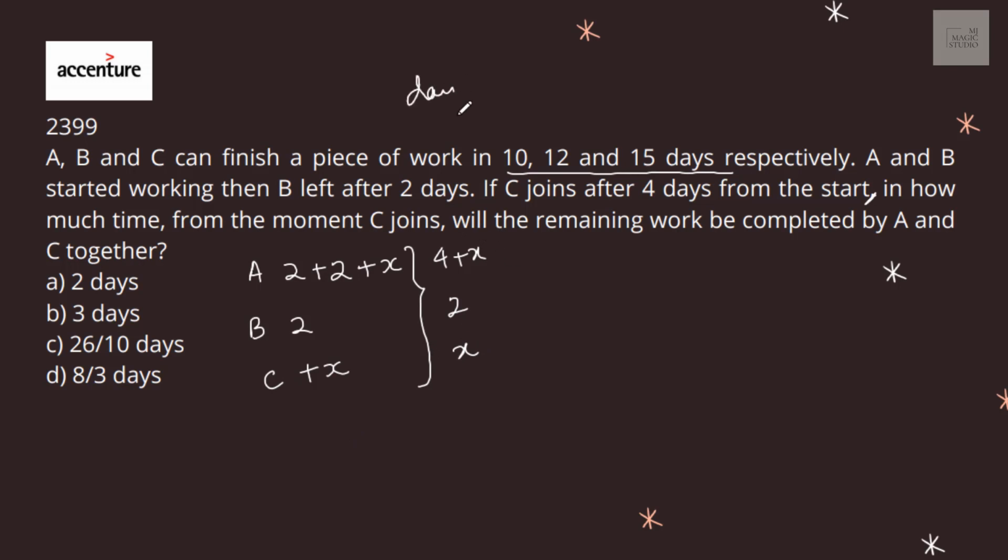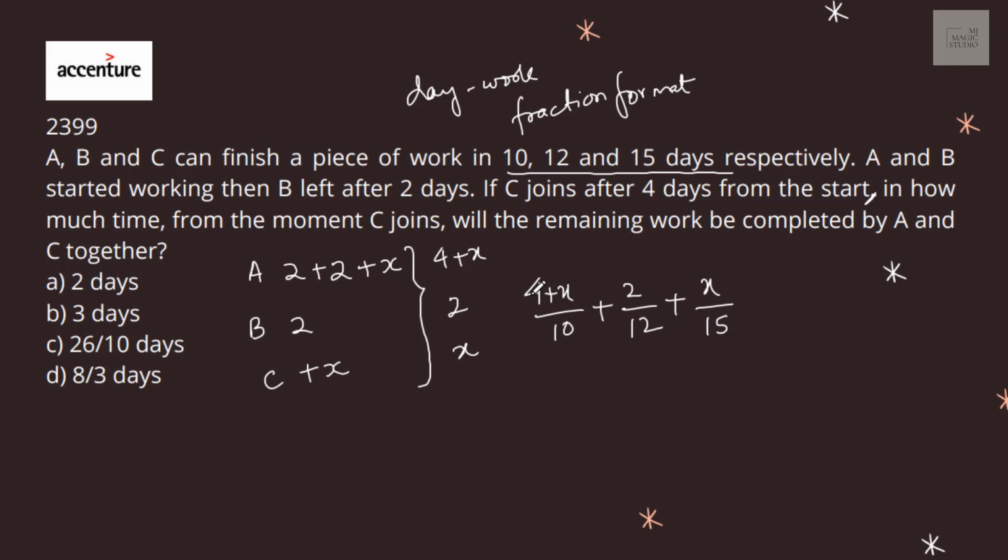Now we can use our day work fraction format, which says work done by A in 4 plus X days would be 4 plus X by 10. Work done by B in 2 days would be 2 by 12. Work done by C in X days would be X by 15. And the total fraction of all the work should be equal to 1.